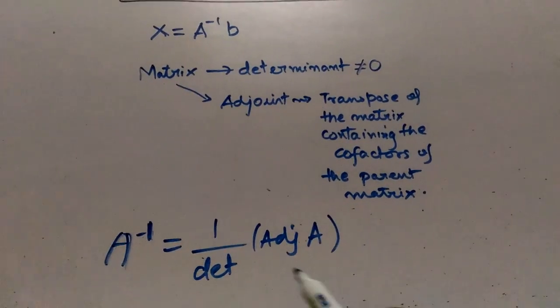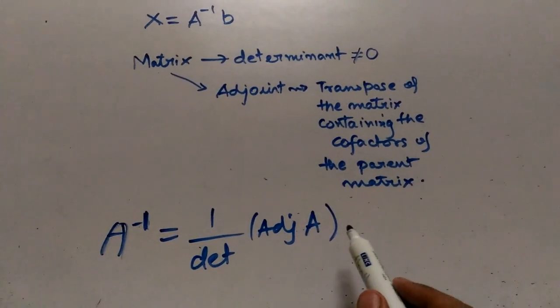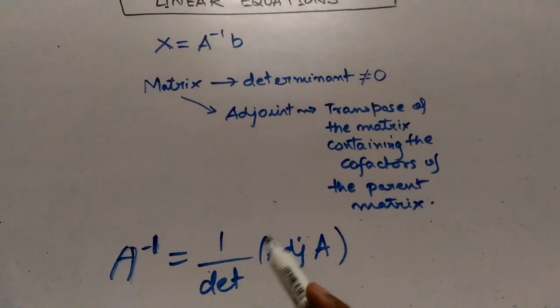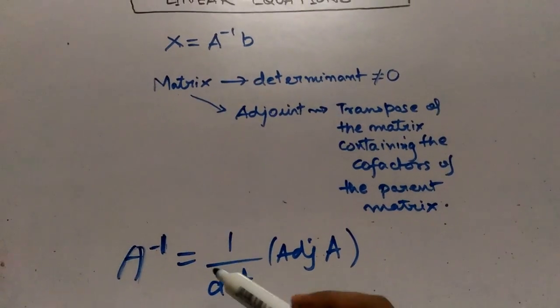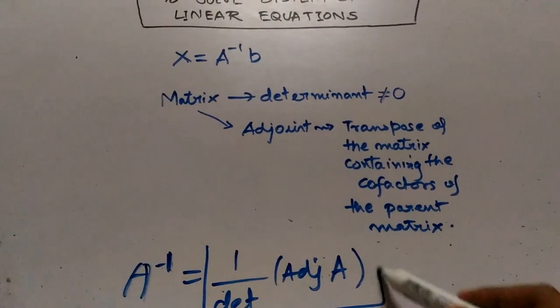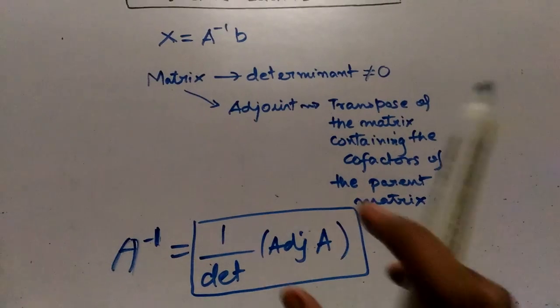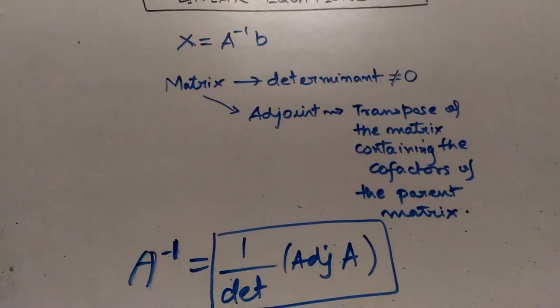If the adjoint matrix is not divisible by the determinant, then our inverse will remain in this form only, that is 1 by the determinant value into the adjoint matrix.